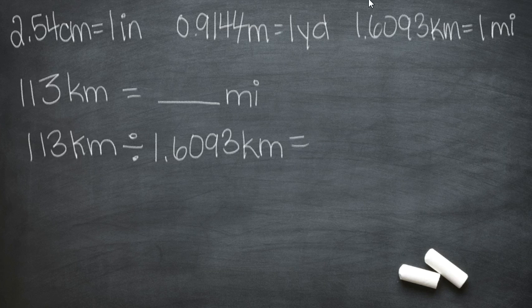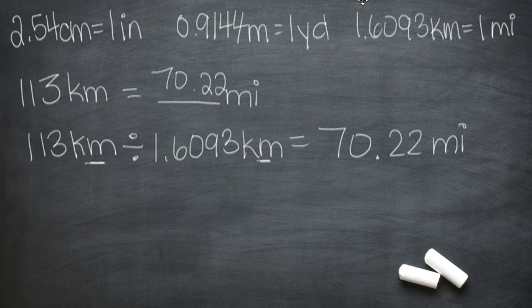One hint to know when you're dividing is when the units you're using are the same. So you've got kilometers and we're dividing by kilometers. That's how we're going to end up with miles. So when we divide that out, we get 70.22 miles. So probably the posted speed limit was 70 miles per hour.